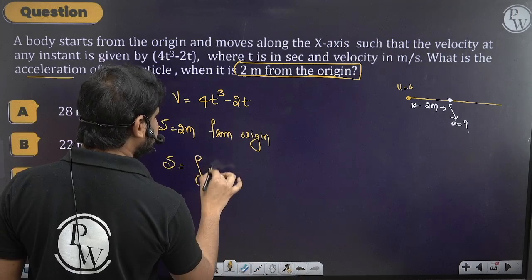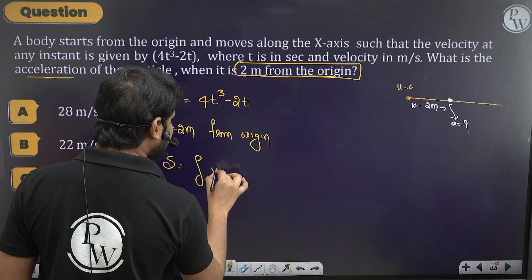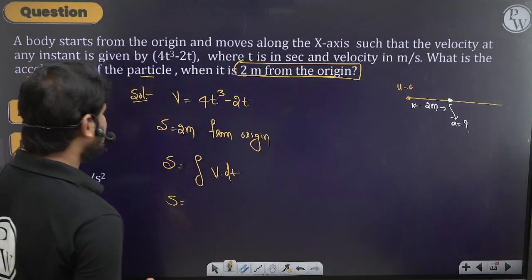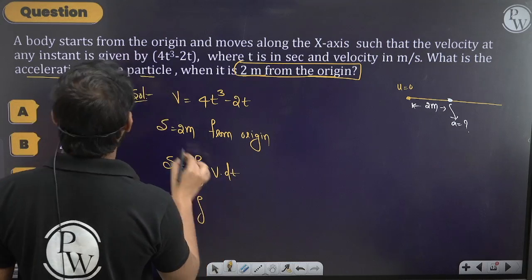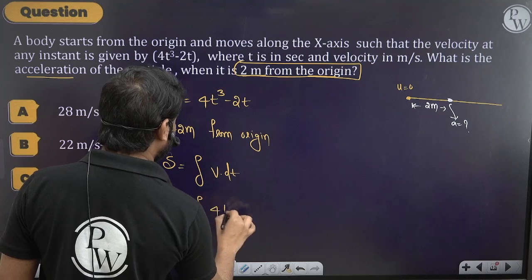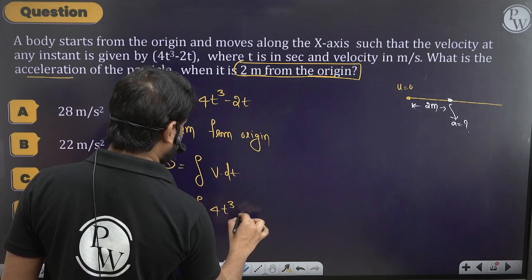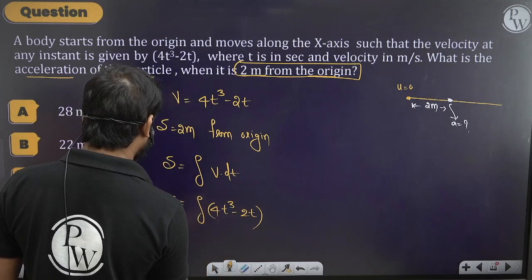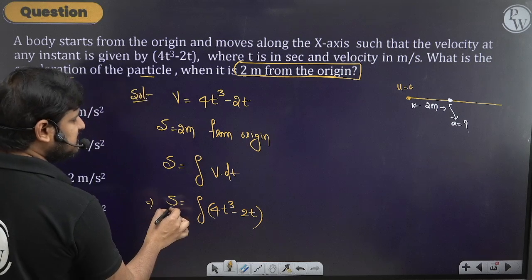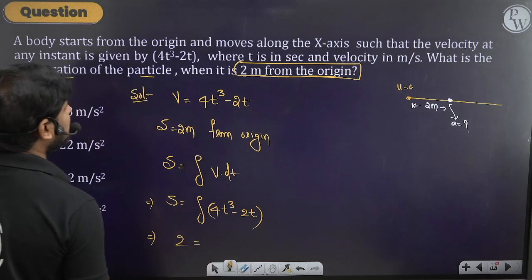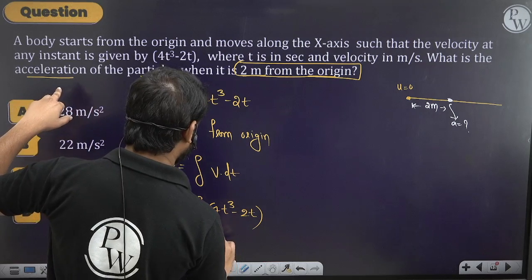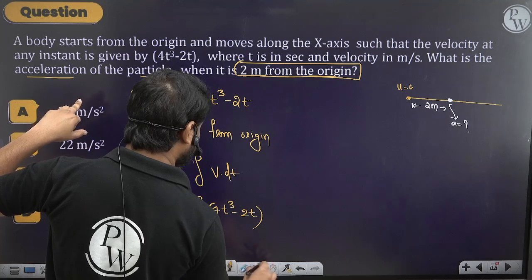The displacement is equal to the integration of v dt. What is the v function? It is given as 4t cube minus 2t. So s is equal to the integration, and the displacement they mentioned in the question is 2 meters.